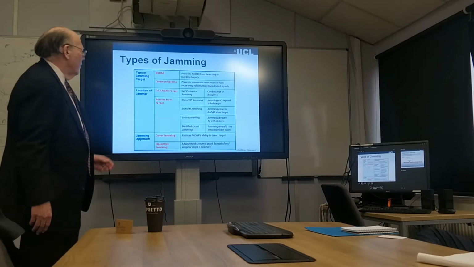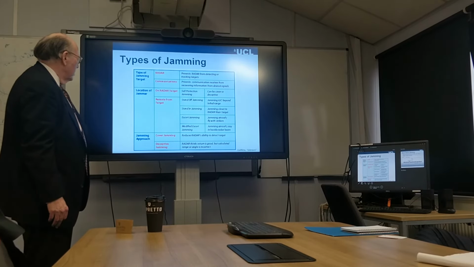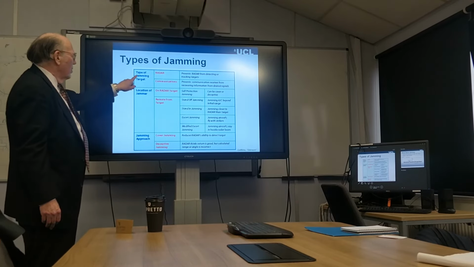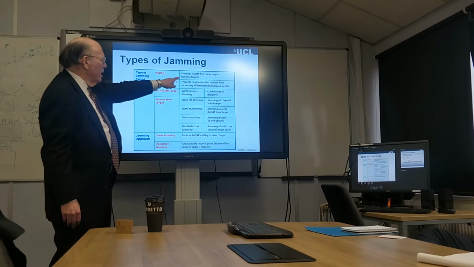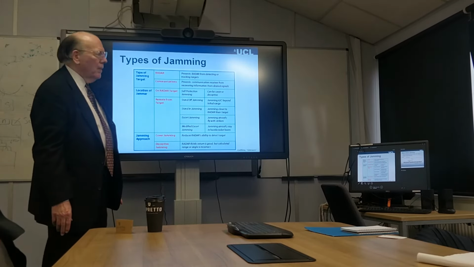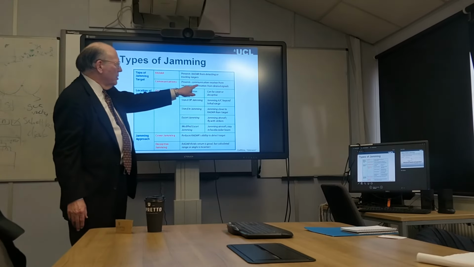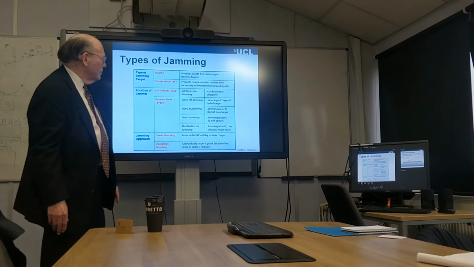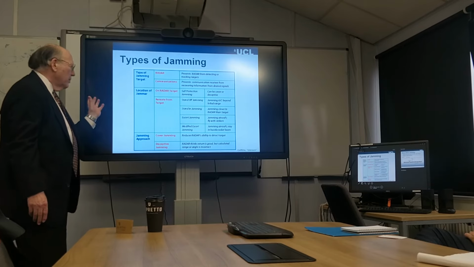Okay, so if you think about the different kinds of jamming that can take place, when we jam radars, what we're trying to do is prevent the radar from detecting or tracking targets. For communications, we're trying to prevent the communication receiver from receiving information from the desired signals. The jammer can be in different locations.